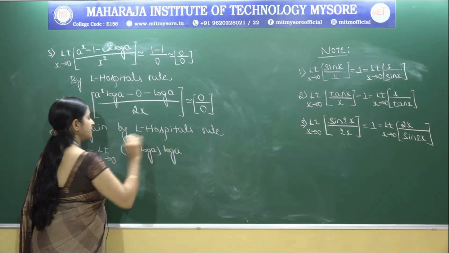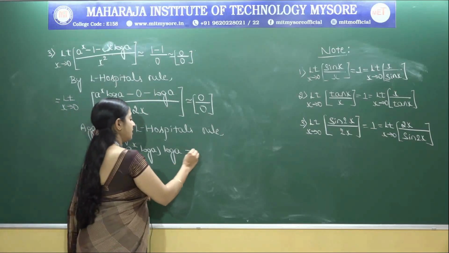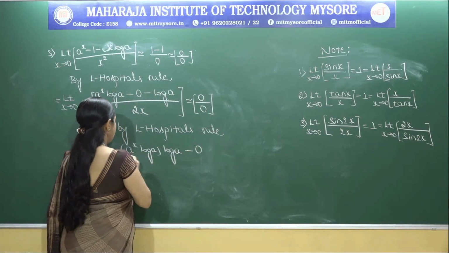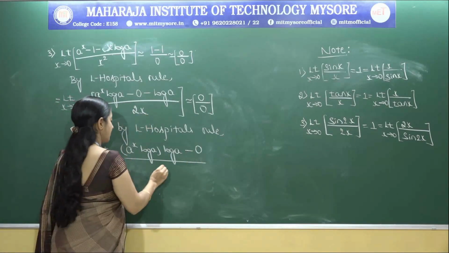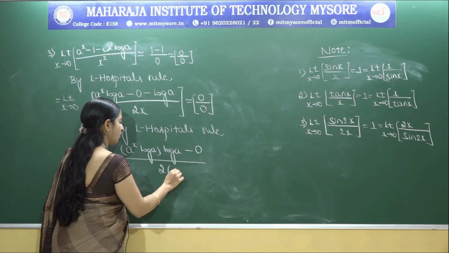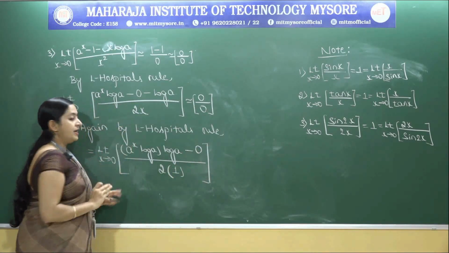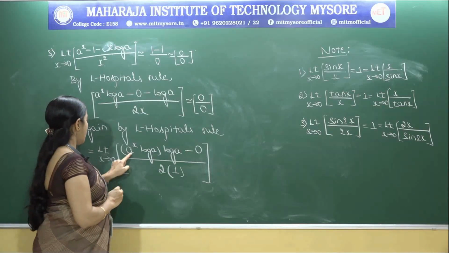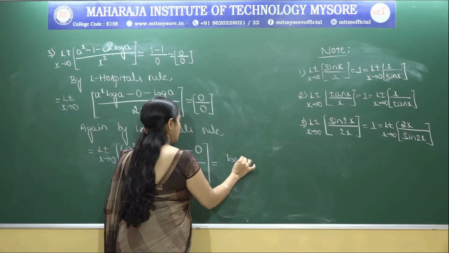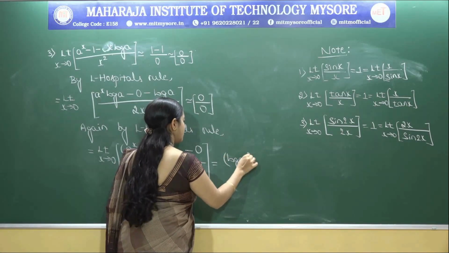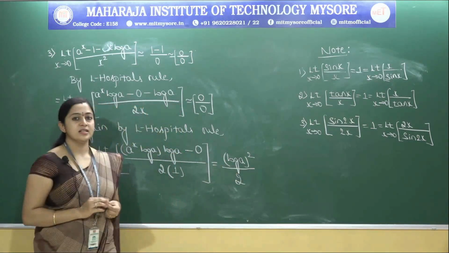In the second term, the log a is constant, the differentiation is 0. Denominator, 2x differentiation, 2 is constant, the x differentiation is 1. Again apply the limit. So a power 0 is 1, you will get log a. The multiplication of log a, you will get log a whole square. Denominator 2. This is the answer.